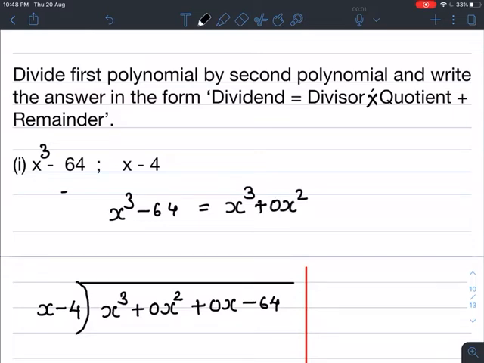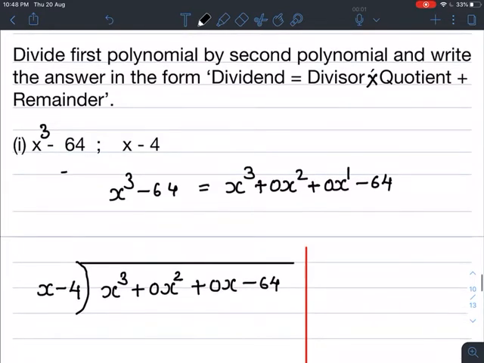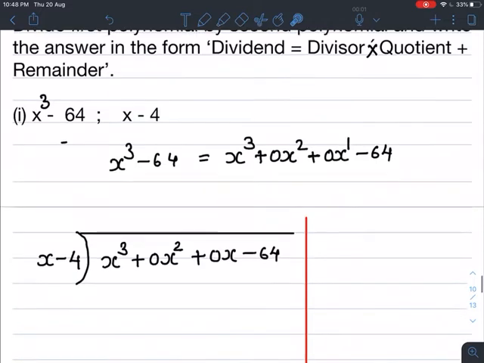Then afterwards there is no term having index 1, so I can take 0x, and last one is minus 64. This is the standard form or general form. Now here I have written this x cube minus 64 in this form. This is the dividend, and divisor is x minus 4. I have written as it is.